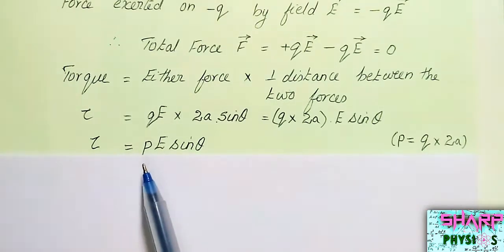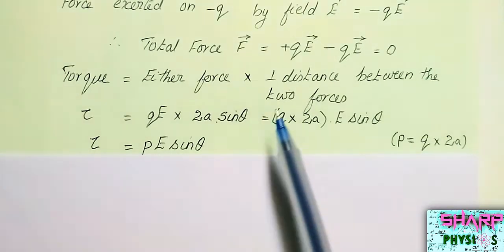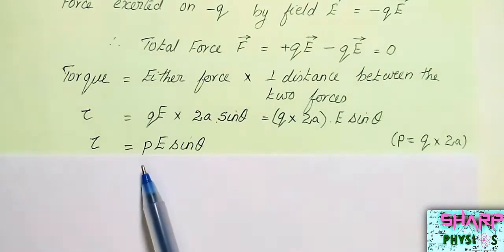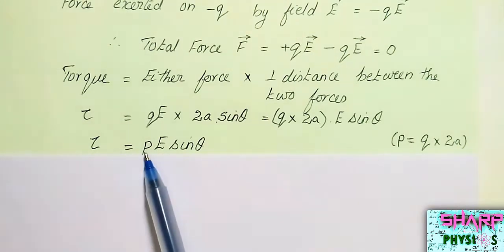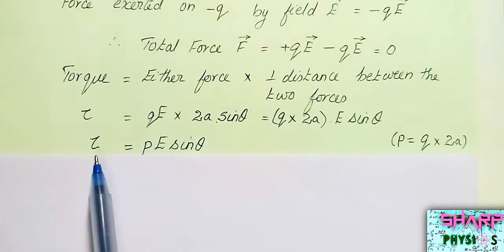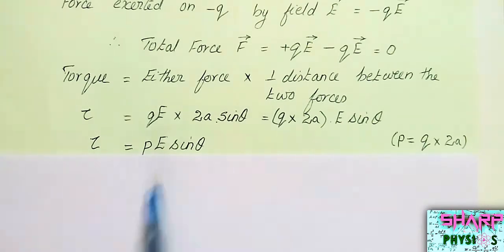If the dipole is perpendicular to the field, sin 90 is 1, so you can omit it, and torque is equal to PE. So in order to calculate this torque, you have to use this formula: tau is equal to PE sin theta.